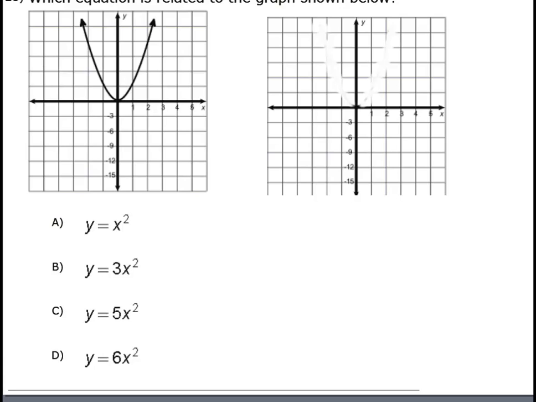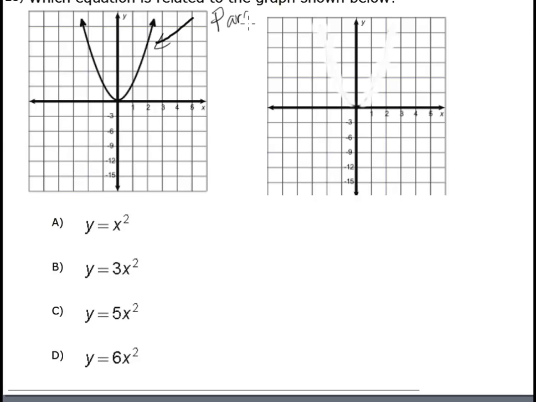Okay, man. Now this is a skill that we haven't talked about yet. It has to do with putting a representation of a quadratic on a coordinate plane, and when you do that, the graphic representation is known as a parabola.